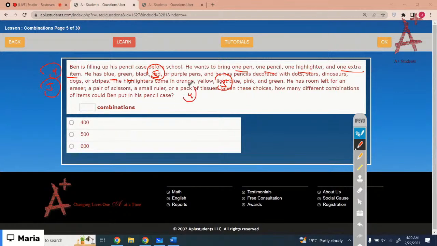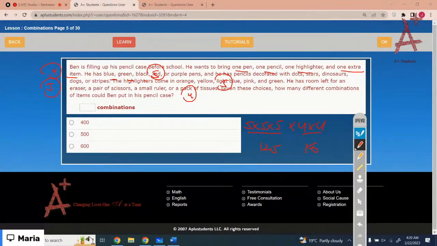Got it? So you have to multiply all the numbers. The numbers are 5 times 5 times 5 times 4 times 4. So 4 times 4 is 16. 5 times 5 is 25, and 25 times 5 is 125. Let me just do 125 times 16. I think it is 600.